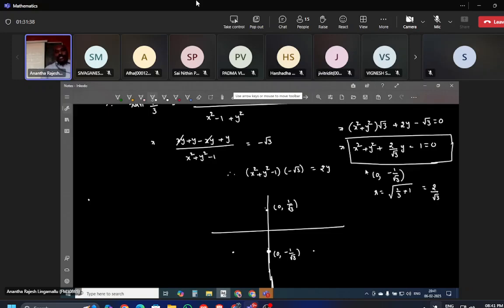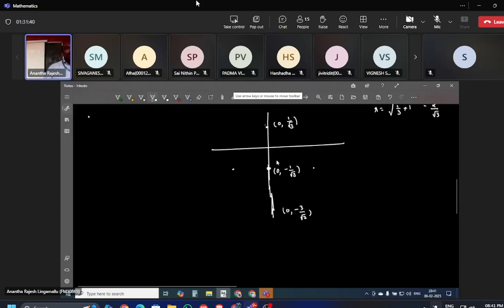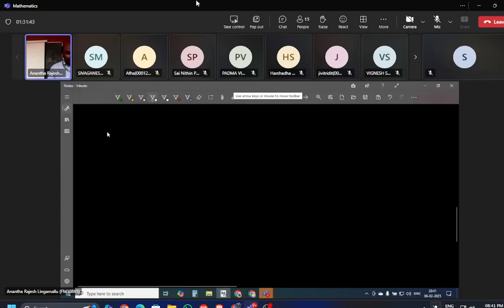Let me write one last question. Copy this now. Next is 61. Minimum value of V is V naught. Minimum value of V naught, where V is equal to mod z square plus mod z minus 3 whole square plus mod z minus 6i whole square, where z belongs to complex numbers, is attained at z equal to z naught.